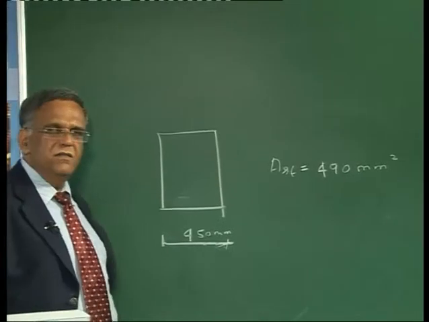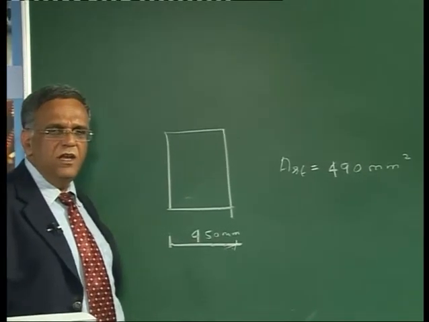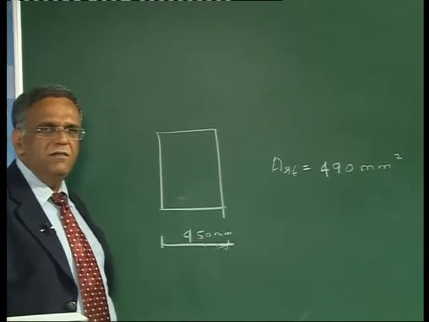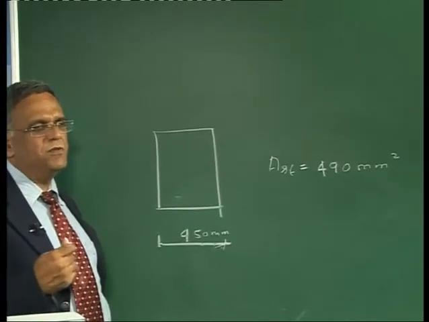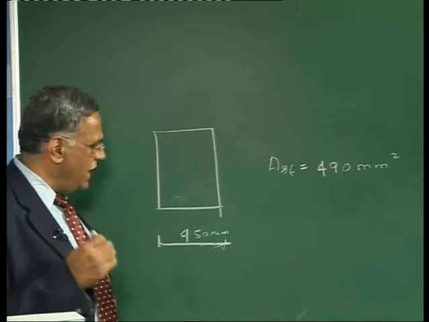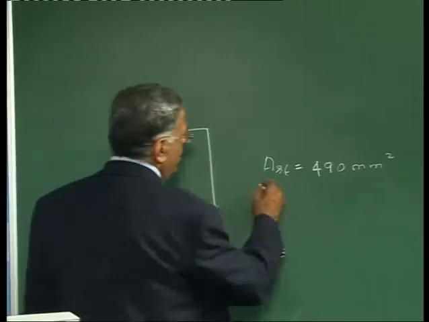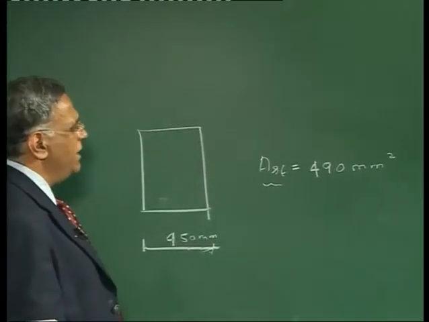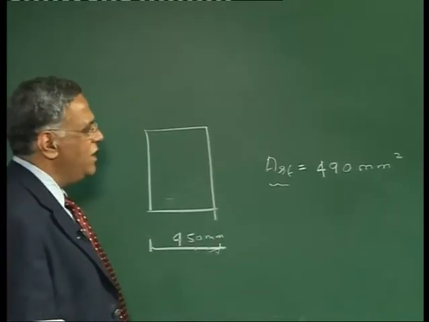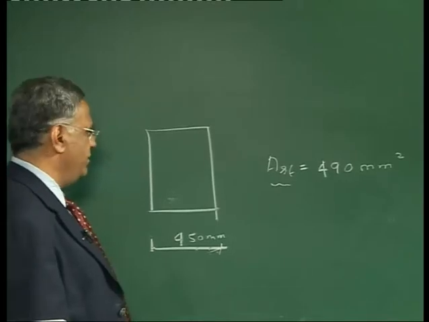The amount of steel required has been calculated based on the moment, which we shall discuss in detail when we take up the problems on the design of beams. Right now let us assume that we have arrived at a value of AST required to take care of the flexure as 490 mm square.